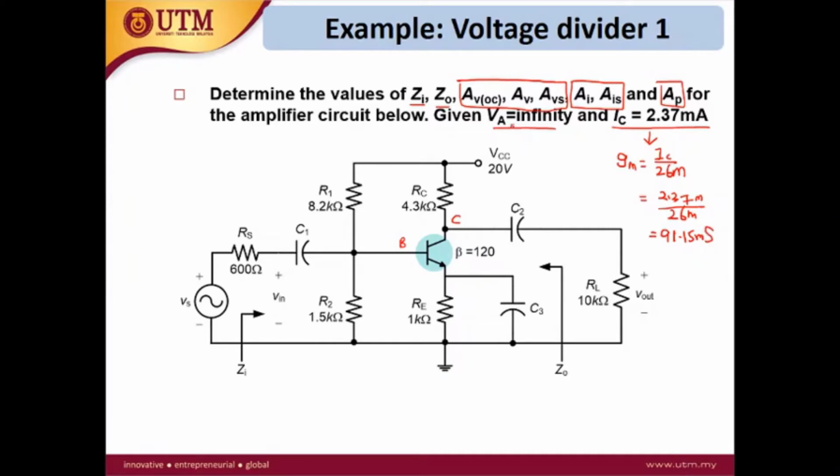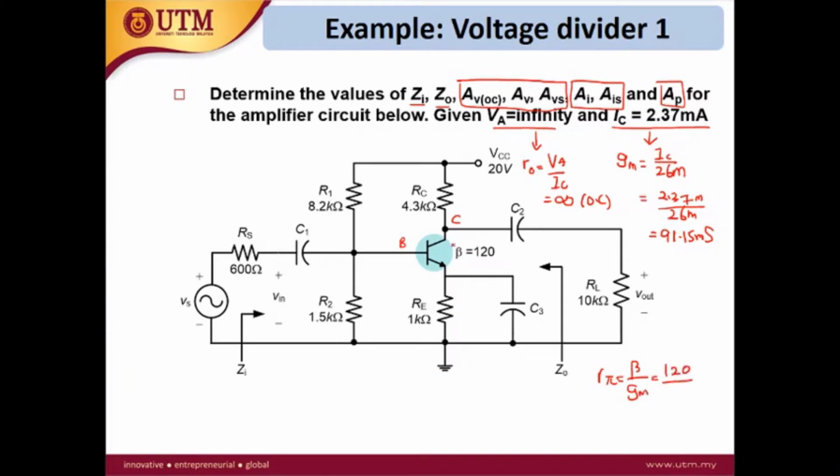Okay, VA is infinity, so this is related to the small r naught. Small r naught is equal to VA over IC. When VA is infinity, r naught is also infinity, so this is an open circuit and you can remove the r naught. Then if you know gm, you can get the value of r pi. r pi is beta over gm, where beta is 120.